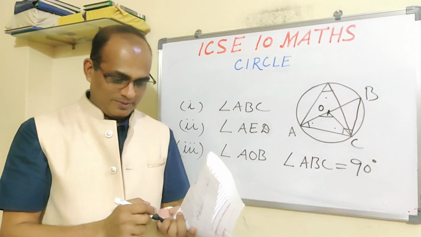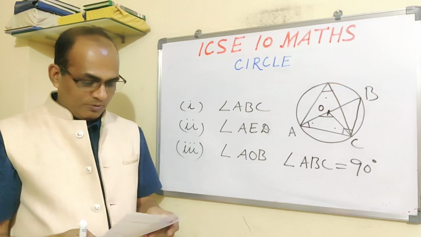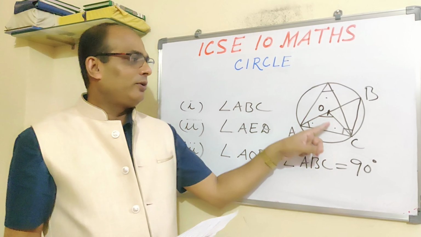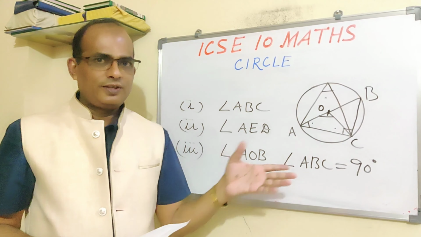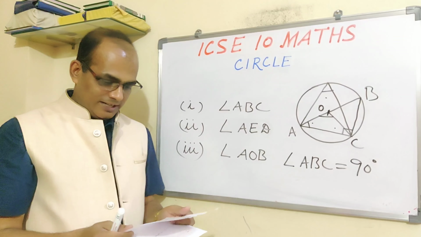What you write is important. Writing angle ABO is not the same as angle ABC in that particular question. For example, here AOC is different and ABC is different. I'm just giving you an example randomly. They are not the same, so that is an important point.